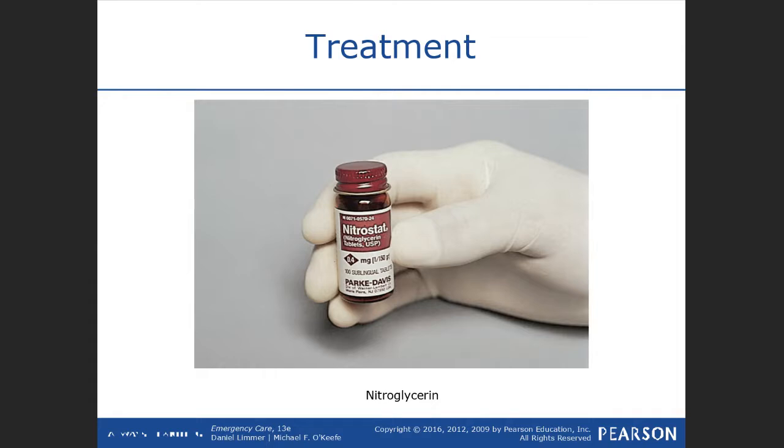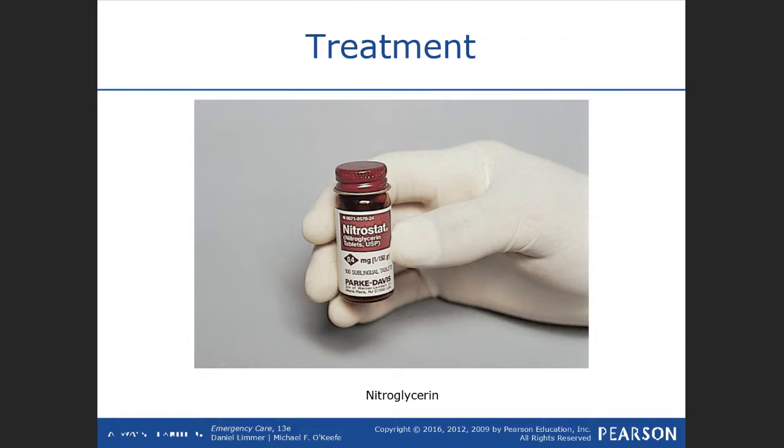It's indicated for chest pain, presumably due to myocardial infarction or something called angina, or we'll just say acute coronary syndrome. Its goal is to relieve or help relieve chest pain, and it does so by dilating the blood vessels in the body.